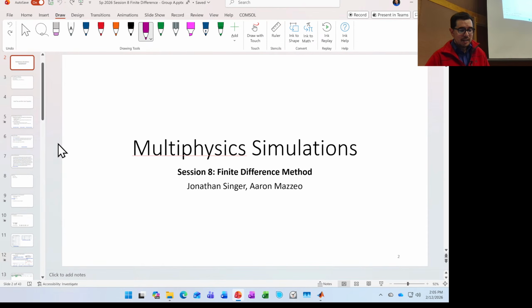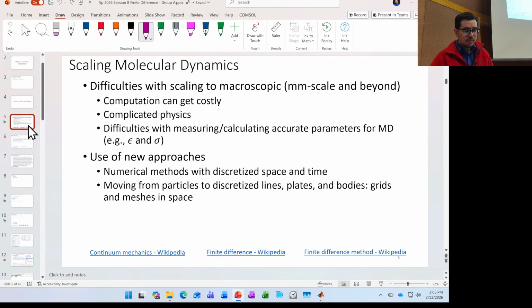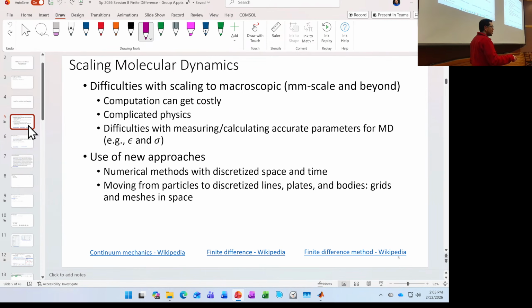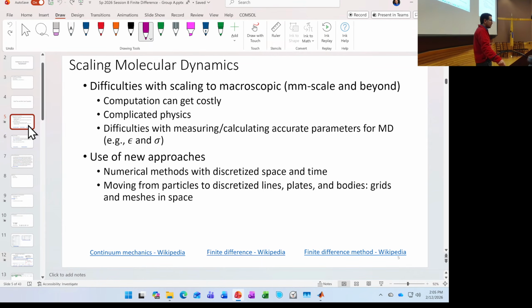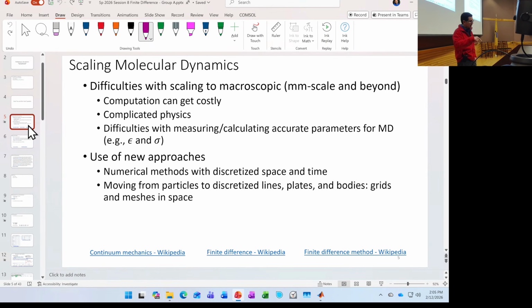What we're going to attempt to do is transition from molecular dynamics to heat transfer. It might not just be from molecular dynamics to heat transfer that we're trying to make this move.